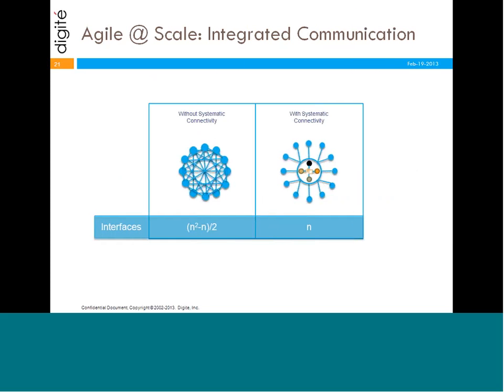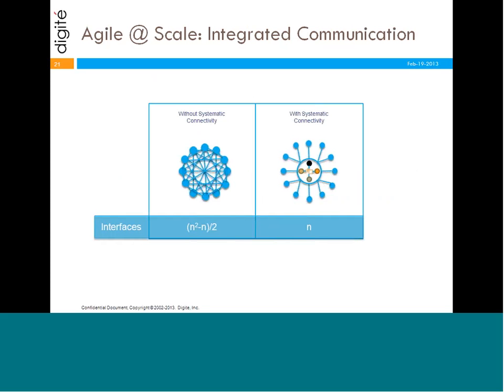So if we look at this model back again, without the system connectivity, there is a complexity of communication. The equation that we saw earlier, n squared minus n over 2, is the number of communication paths or interfaces, which are typically common in manual or oral tradition with no systematic connectivity.